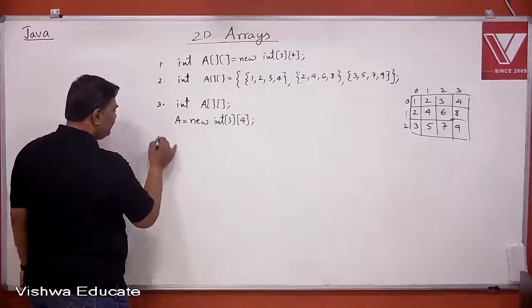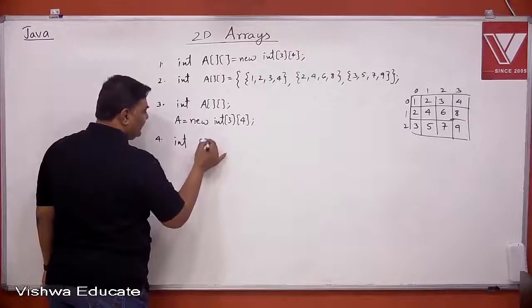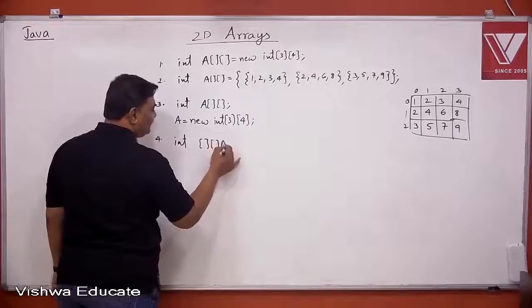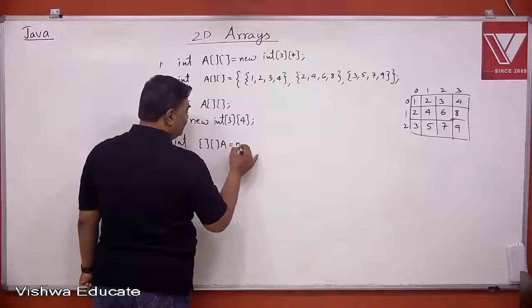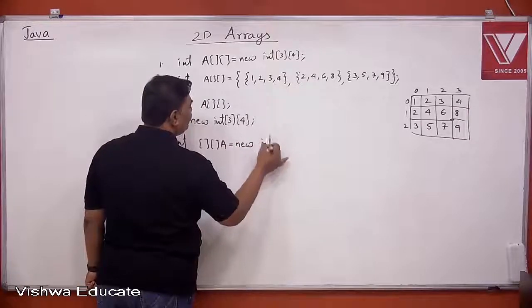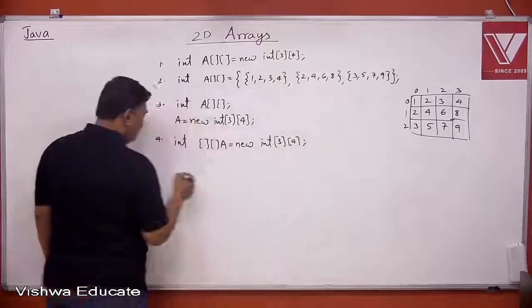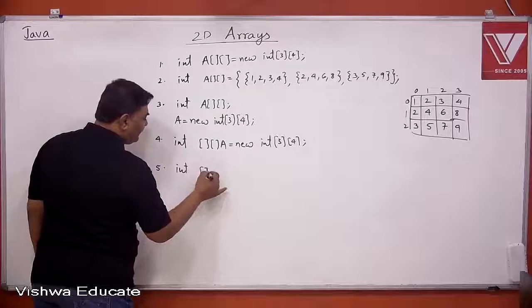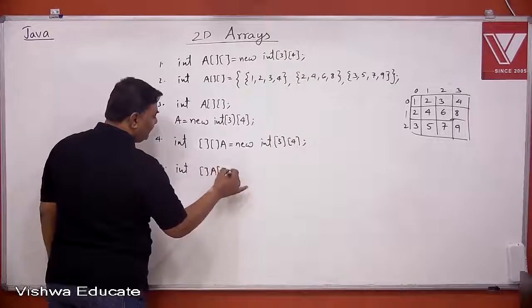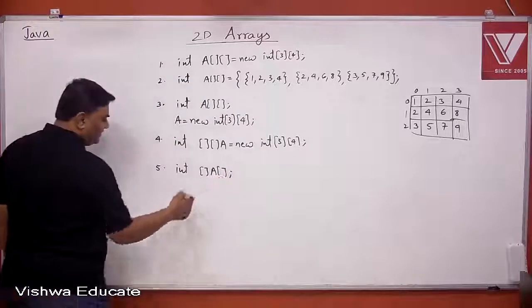Next, the fourth one: you can declare by writing the subscripts on this side also, a[][] = new int[3][4]. And you can even write one bracket on this side and one bracket on this side also. You know well that you can create it.